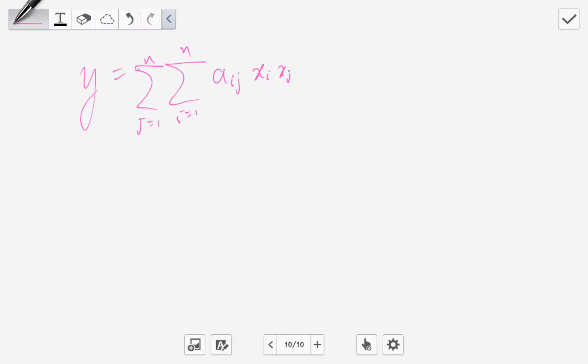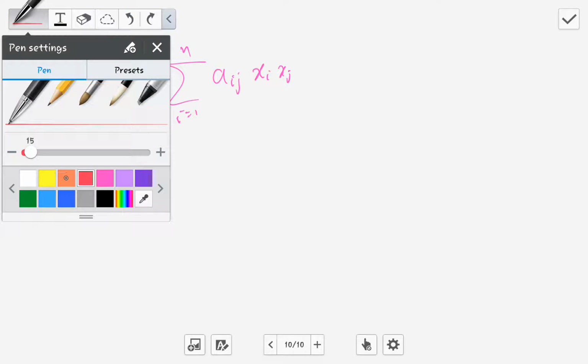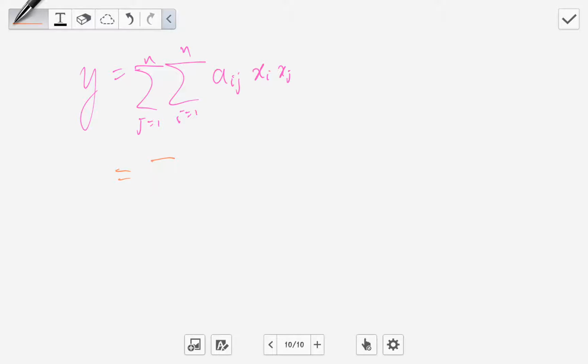Now let me emphasize something from this. Let me give something like this: sigma j from 1 to n, xj, sigma i from 1 to n aij. Can I do this? Because this summation only depends on i, and this xj is only dependent on j, I'll get this xj out.